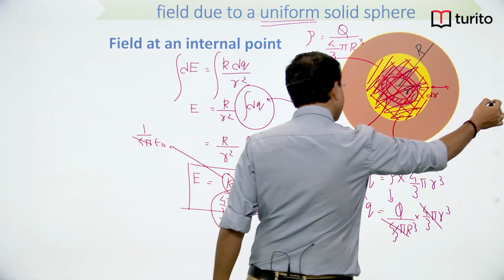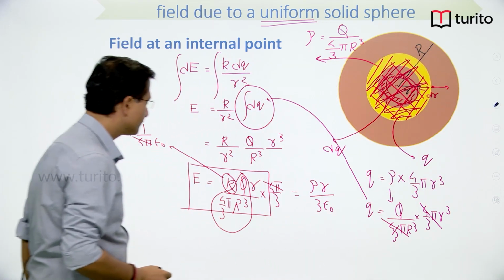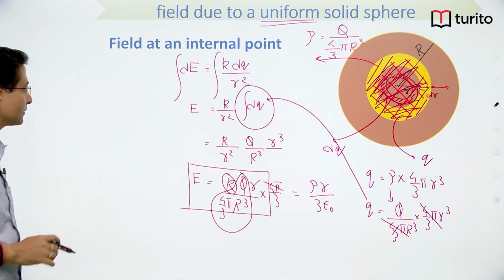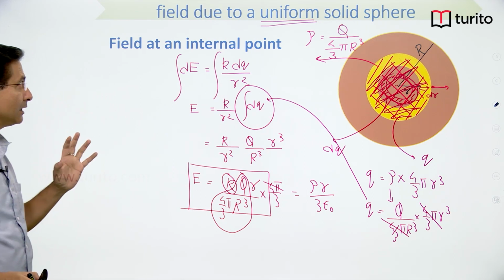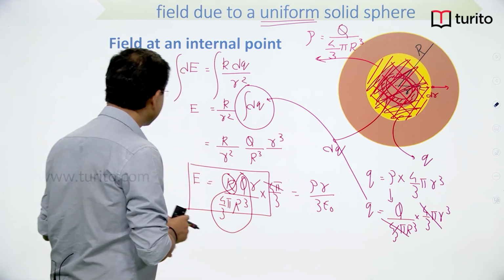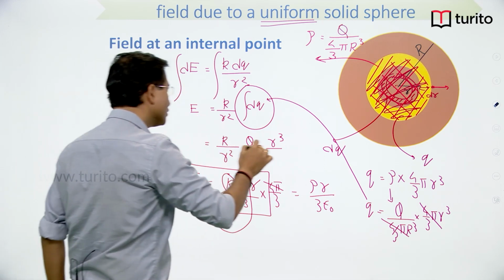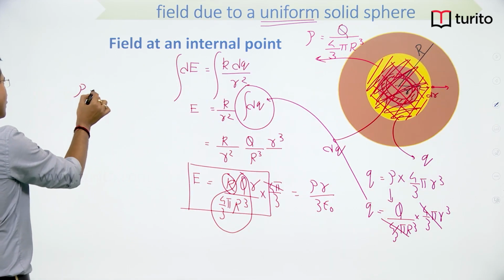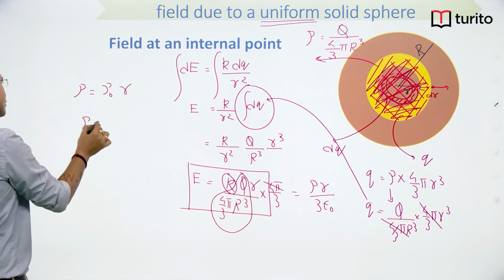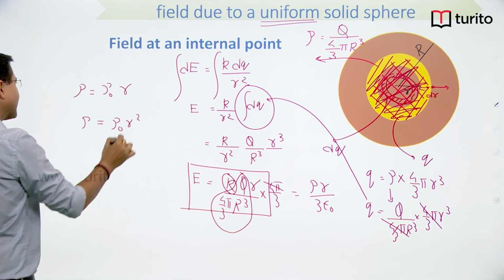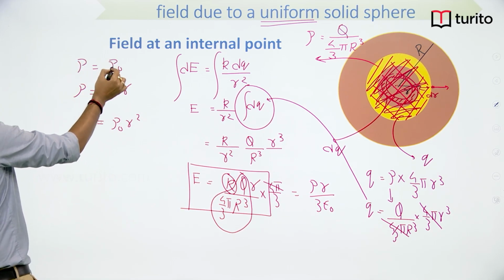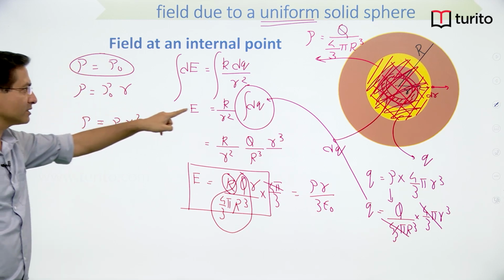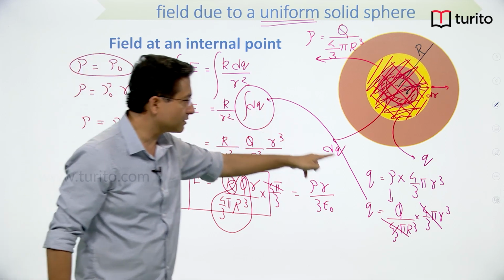Now let us erase this one. One more point, even if the distribution is something like rho equal to rho naught r, or rho equal to rho naught r square. Here we have taken the example rho equal to rho naught, it was uniform distribution, right. If distribution is something like this, again the procedure is same. You have to integrate the charge first.